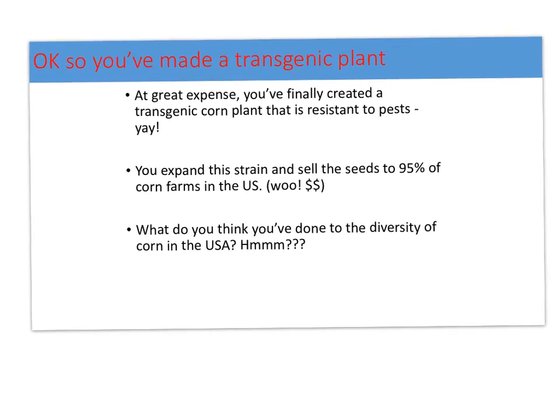Back to the end of this, let's say you've made a transgenic plant, and let's say it's corn, and it's resistant to all sorts of pests, insect pests. So now you don't have to spray it with an insecticide to keep those insects away.